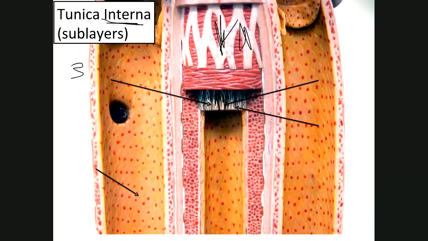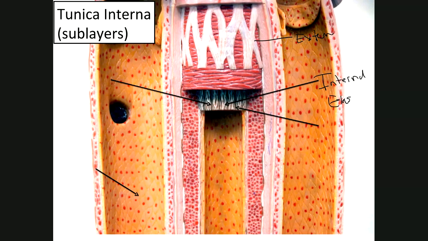So these white streaks that you see right here are also these elastic bands, but it's not external, it's internal. So this is the internal elastic lamina. Just like that other one was the external elastic lamina. So this layer also has these sort of rubber bands to it.